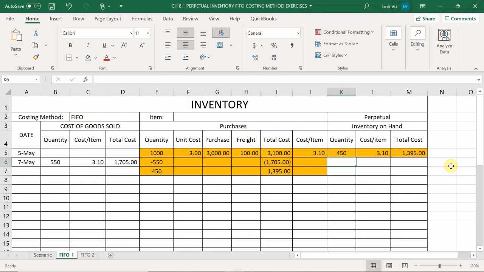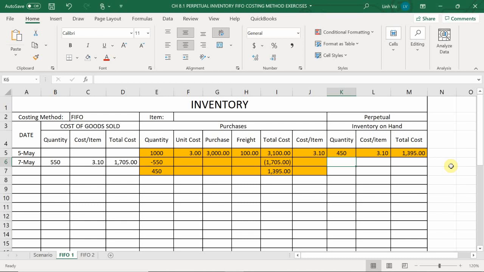Your inventory on hand is the most important thing because this is what we literally have in our inventory. I purchased 1,000, I sold 550, so I should now have 450 units left.